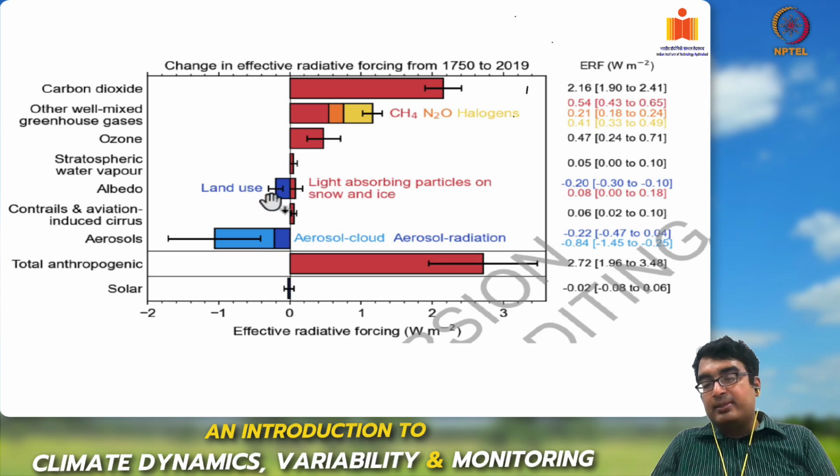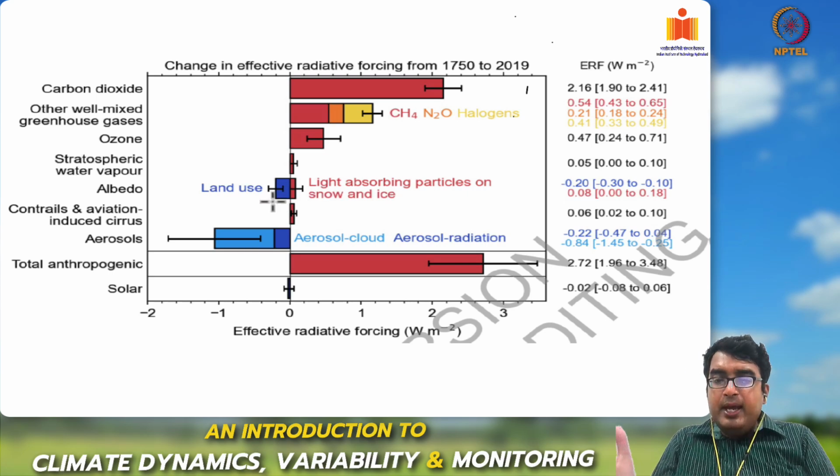This minus this. So, today around 2.8 watt per meter square of excess energy is being stored in the climate system comprising of the troposphere, the land surface and the top layers of the ocean. And this is causing primarily the increase in temperature of the world. Okay.